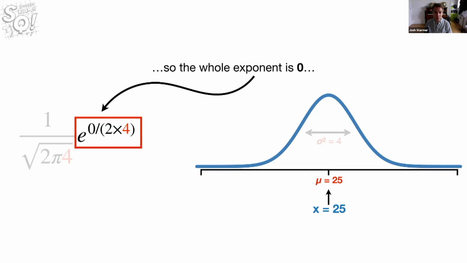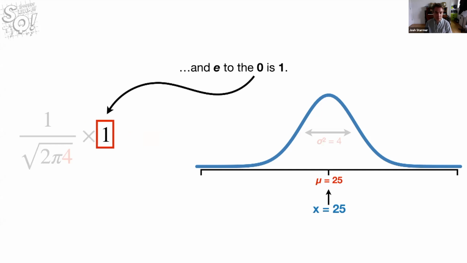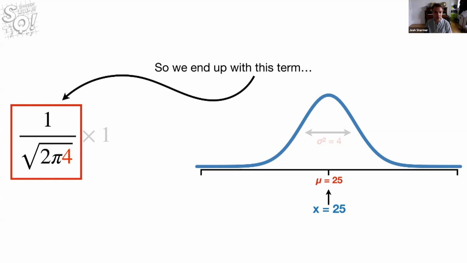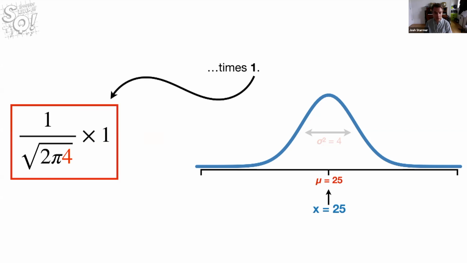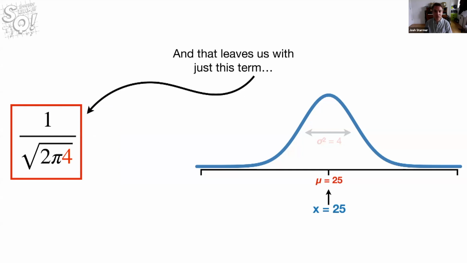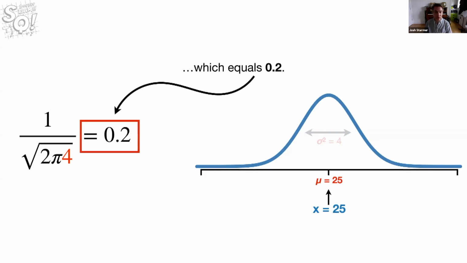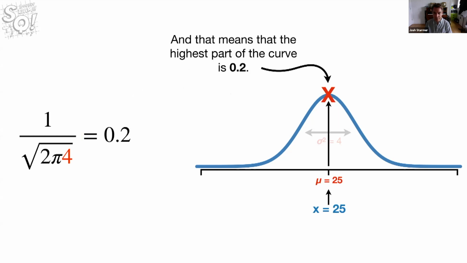So the whole exponent is 0. And e to the 0 is 1. So we end up with this term times 1. And that just leaves us with this term, which equals 0.2. And that means that the highest part of the curve is 0.2.